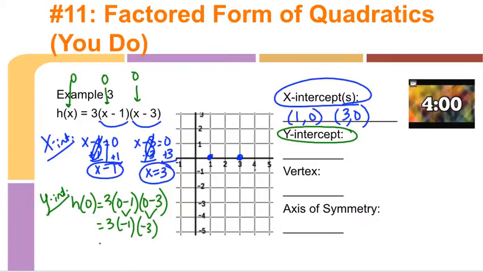All these parentheses now mean multiplication. 3 times negative 1 is negative 3 times negative 3. Negative 3 times negative 3 gives me a positive 9. So my y-intercept here is going to be 0, 9.